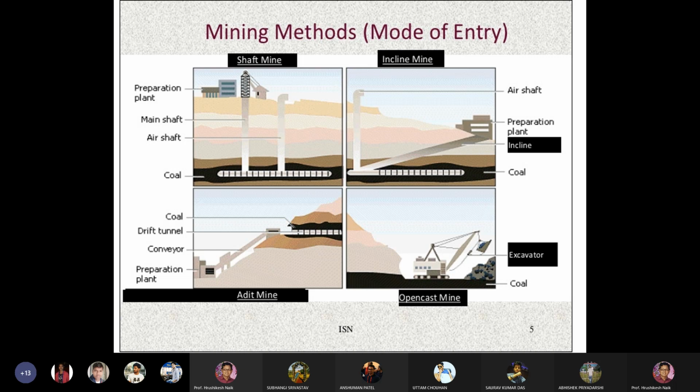This is the coal you are going to take. You have to drive an incline to it and get the coal, and this is the air shaft. But we are interested in surface mining, opencast mining.